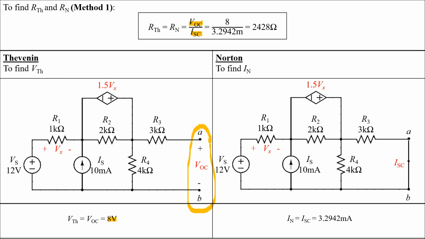While the Norton current, when we short circuit the terminals A and B, we will be able to get the Norton current equal to 3.29 milliamperes. So we get VOC equal to 8 divided by the ISC 3.29 milliamperes. We'll be able to get the same Thevenin and Norton resistance, 2428 ohms, like previously.